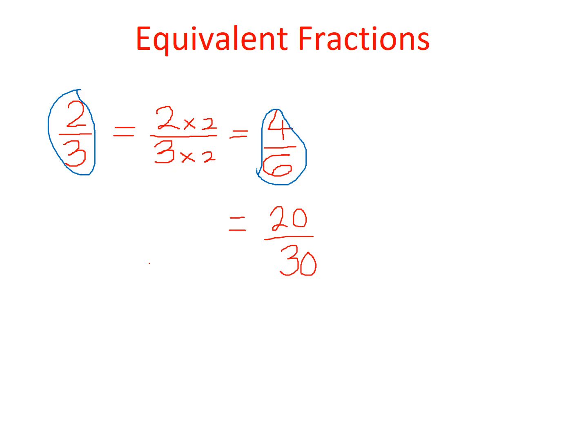What do we do? We multiply numerator and denominator by 10. Numerator by 10 gives you 20. Multiply denominator by 10 gives you 30. Another one? Okay, I'm up for it. I could tell you another equivalent fraction of 2 over 3 is this.